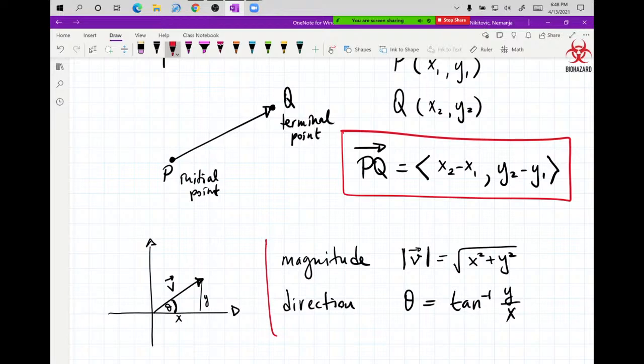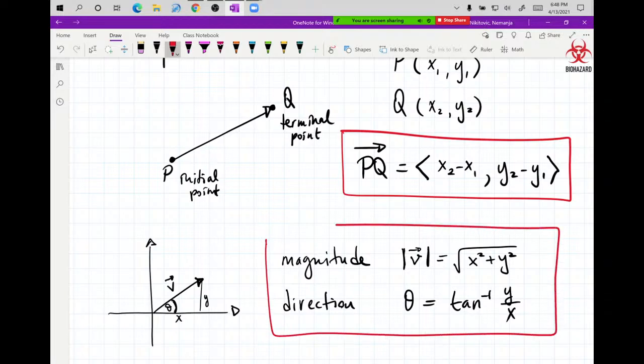And these are very important as well, because if you want to know how strongly something was pushed, let's say, well, you have to know the magnitude of the vector.